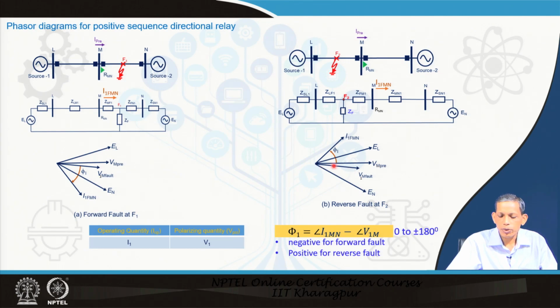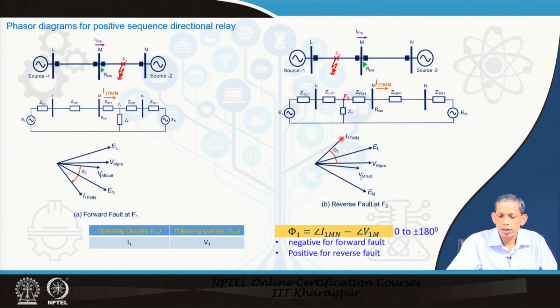So, now the corresponding V1m fault is somewhat lower, obtained from VA, VB, VC. Now, the current at this relay is fed from the EN source and there is a reversal of current, which we have already seen in case of the phase quantity based directional relay. So, current will be upward.